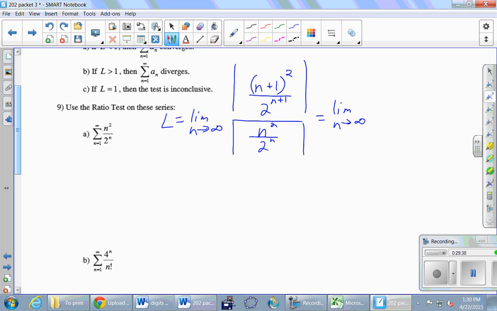Now I'm not going to write the absolute value because everything is positive. And I'm going to flip this guy from the bottom upstairs to the top. So I have n+1 squared. And then who else is going up there? 2 to the n. And then downstairs I had this 2 to the n+1. And now who else? n squared. Everybody see that? Flip the bottom guy up to the top.